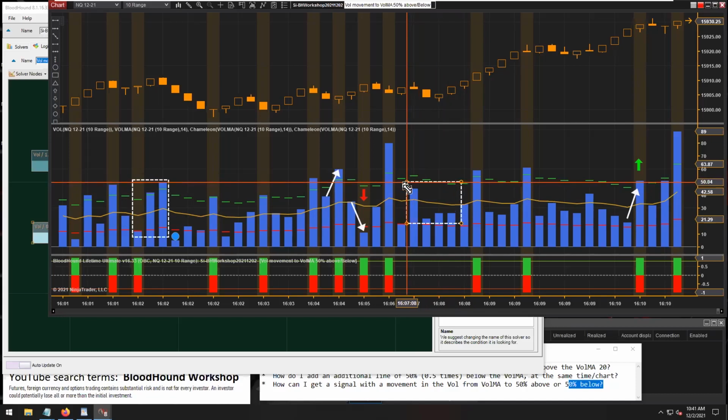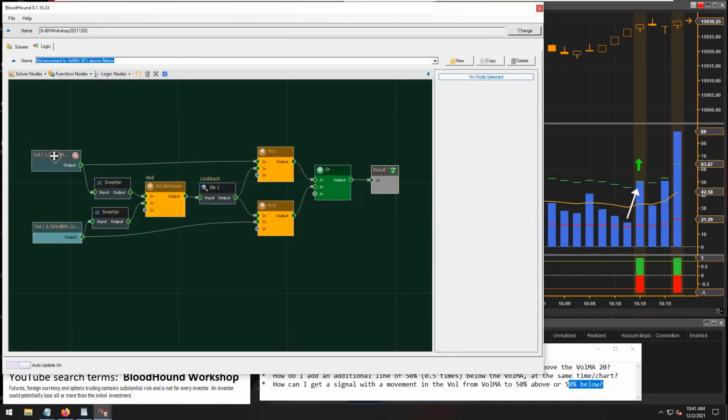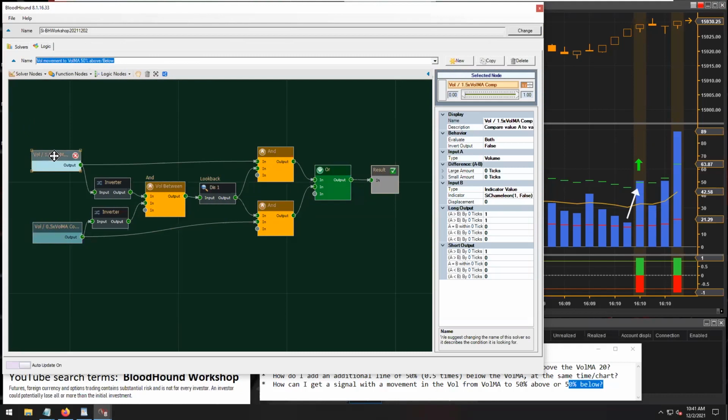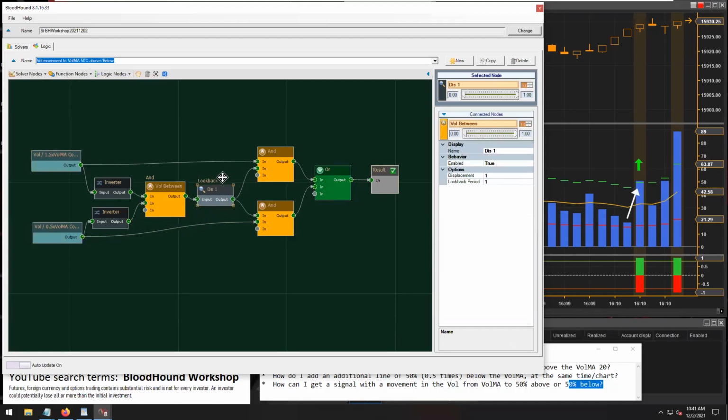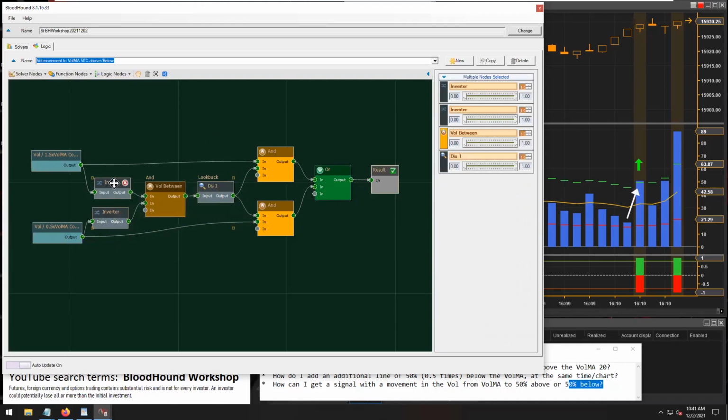I want this range to be maybe a little narrower. And that's easily done. You would just need to create this logic. Let's see if I can grab that. Yeah. So this logic here is what creates the range.